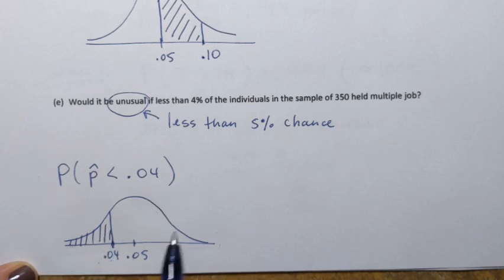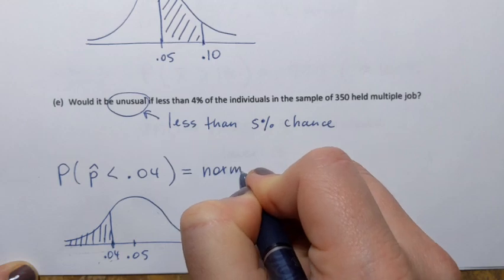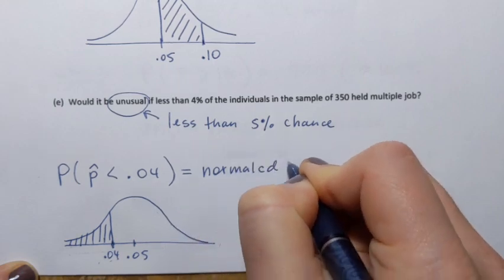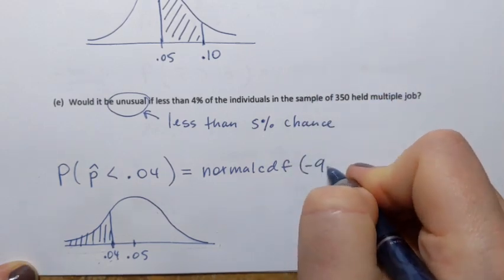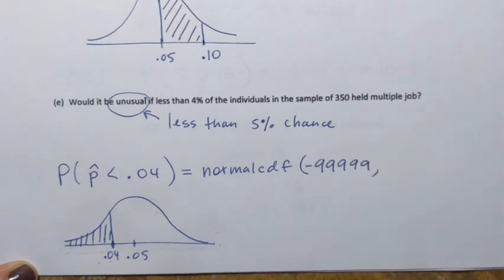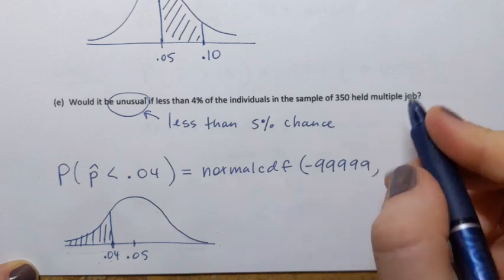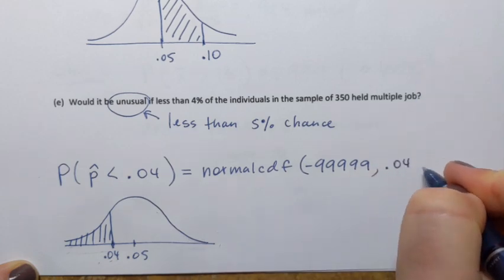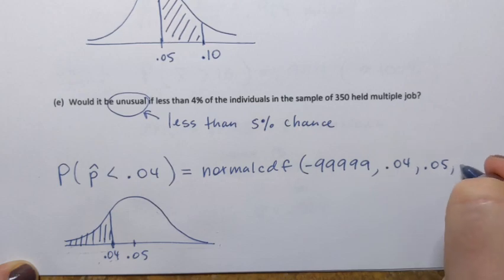So that area represents probability. We'll use the normal CDF function. The lower boundary of this region does not exist, but we'll just use a very small number instead, -99999. And the upper boundary of this region is 0.04. Mean is 0.05. Standard deviation is 0.012.